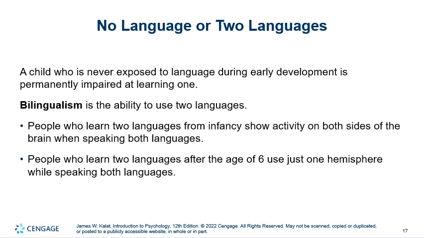People who learn two languages during infancy actually show activity on both sides of the brain, the left and right hemispheres working overtime to speak both languages. After age 6, these individuals use more or less just one hemisphere to speak both languages. So they're able to latch onto it and adapt quickly.